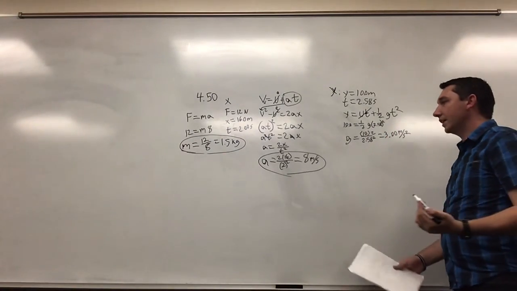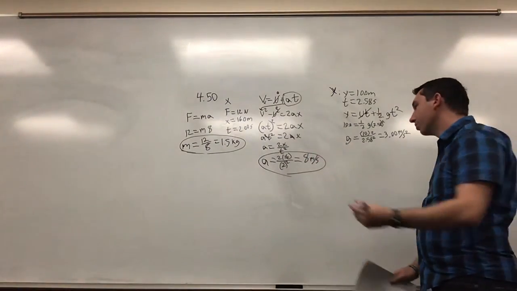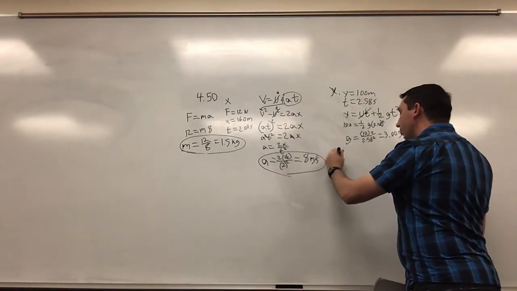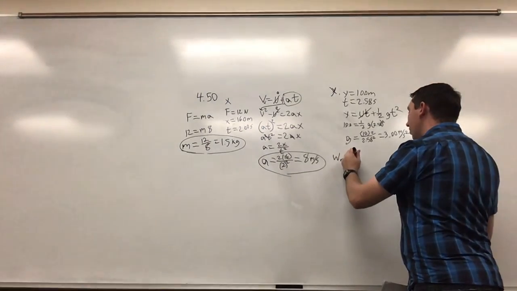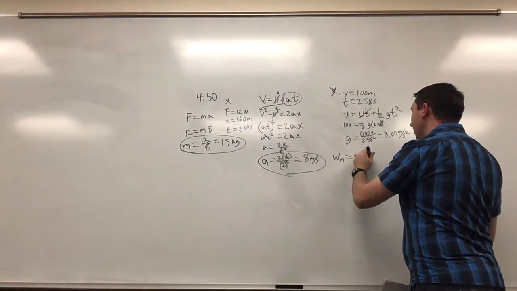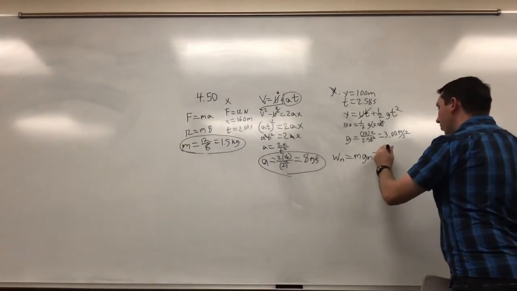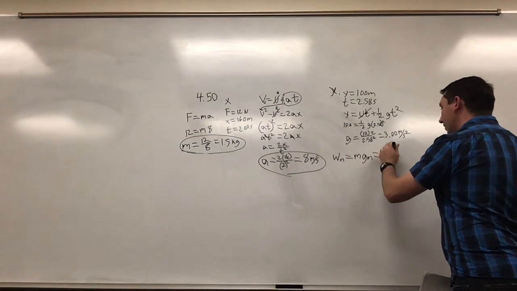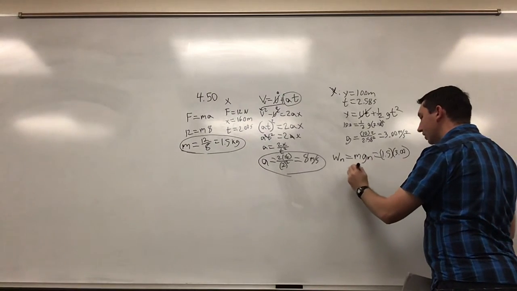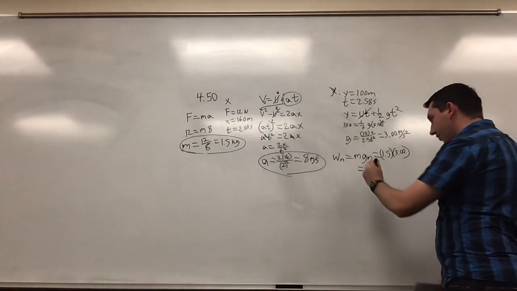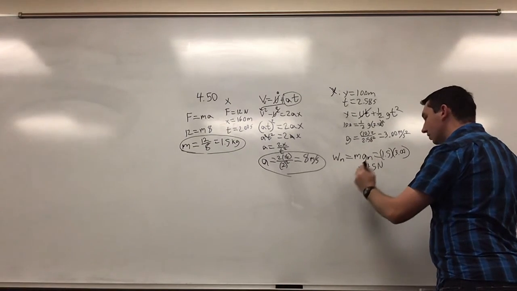So using the mass and gravity, we can find the weight of the tool. The weight of the tool on the new planet is equal to the mass times the gravity of the new planet, which is 1.5 times 3.0, equal to 4.5 newtons.